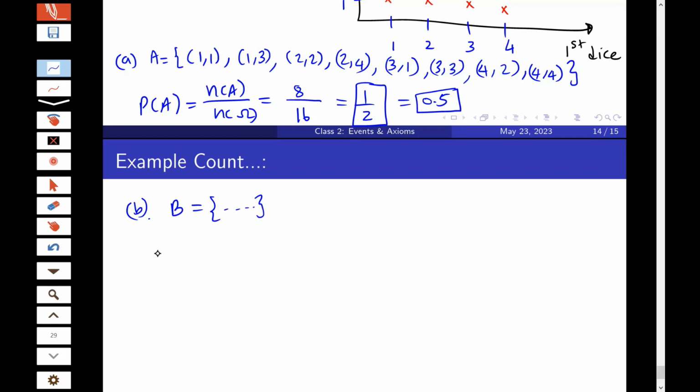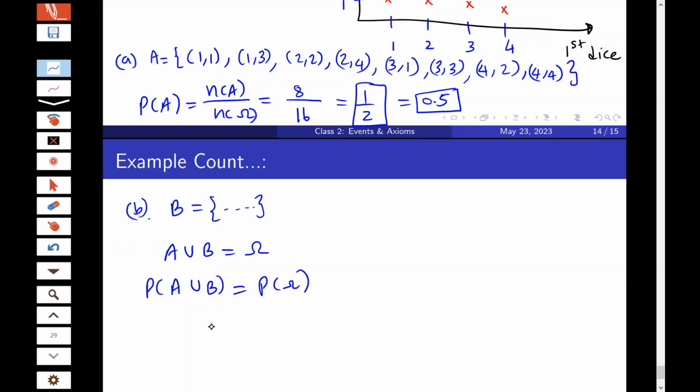if you take the union of odd and even, you will get the entire sample space. If you take A union B, you will get the entire sample space. So if I take the probability of both sides, you will get this equation.